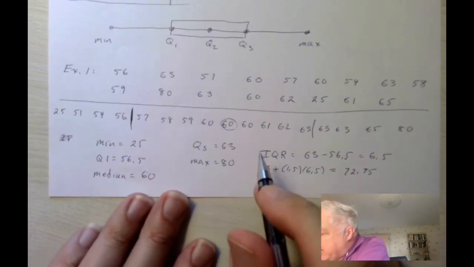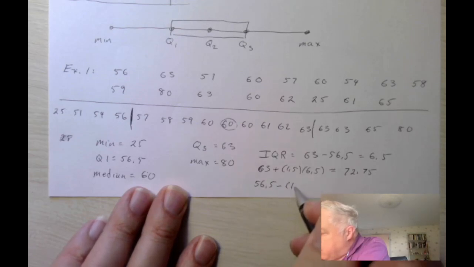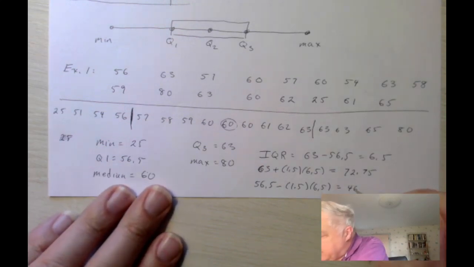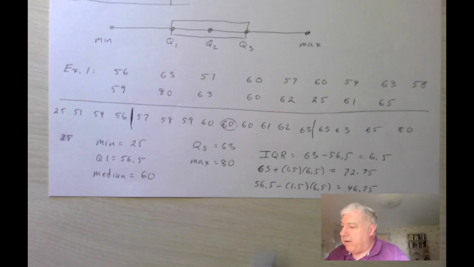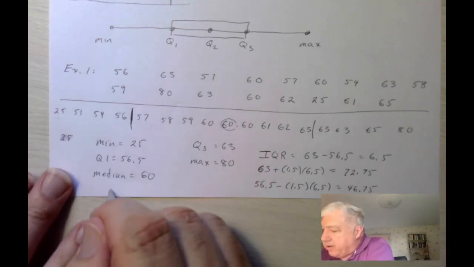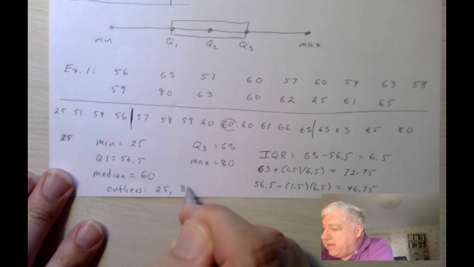And then if we take 56.5 minus 1.5 times 6.5, this would be 46.75. We can see that 25 is certainly less than this number, and 80 is bigger than the other number. So our outliers would officially be 25 and 80.